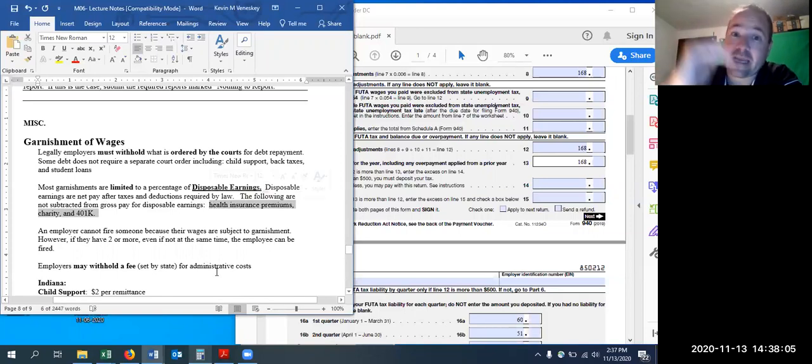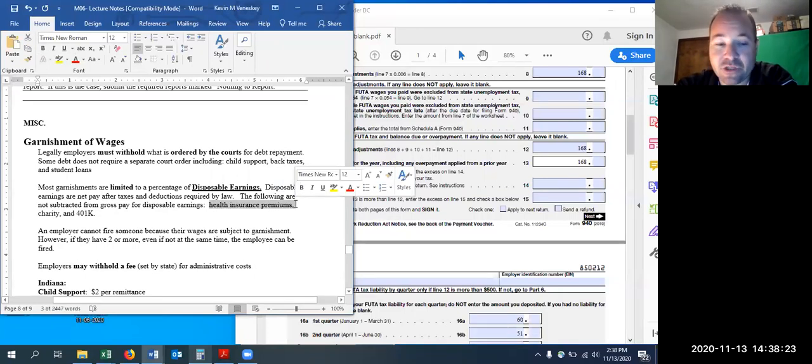They're going to add those back in basically to your net pay as your disposable earnings. It's your choice to have health insurance or your choice to put away for a 401k. Basically, they don't want you to have the absolute best health premium just because you don't want to give money to your spouse for child support. You're just going to give it all to the health insurance and put it all away into a 401k, leaving nothing for the child support. That's what they're trying to get away from.